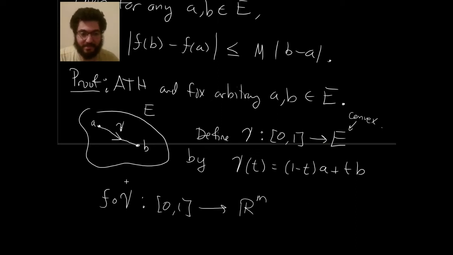Now, I think it's tempting to try to apply the mean value theorem to f composed with gamma, but again, we still cannot really, because even though now it's a function of one variable, the outputs are in R^m, and the mean value theorem applies to functions with real output.